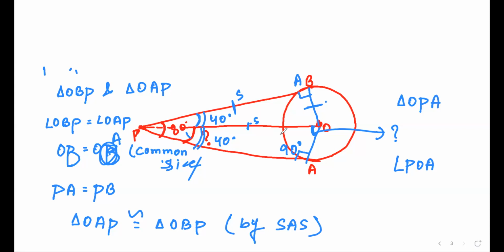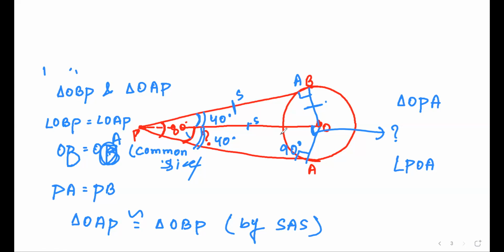Once we proved this, OP became the bisector, meaning this angle and this angle became the same. So total is 80, so that will be 40. This will be 40. Once we got 40 over here, now we can completely focus on triangle OPA and find the unknown angle O.